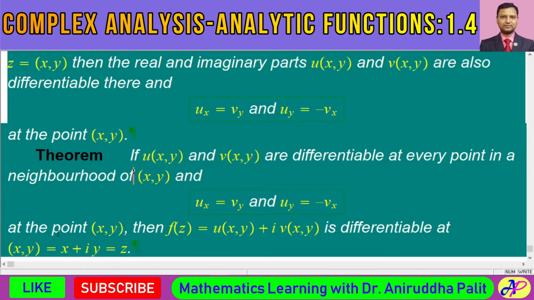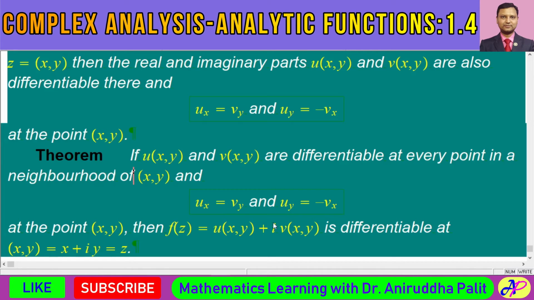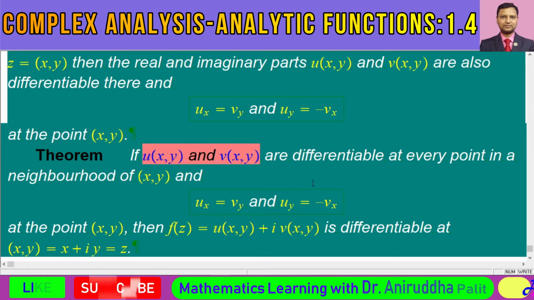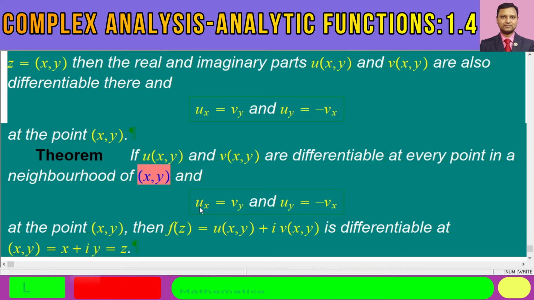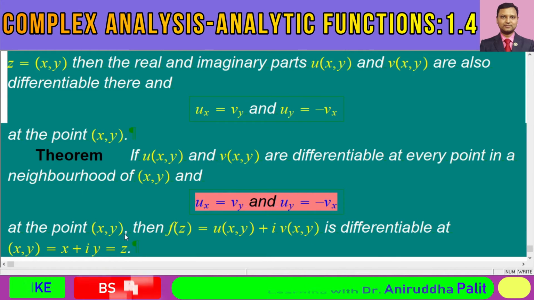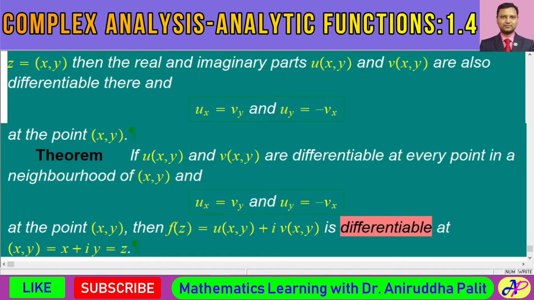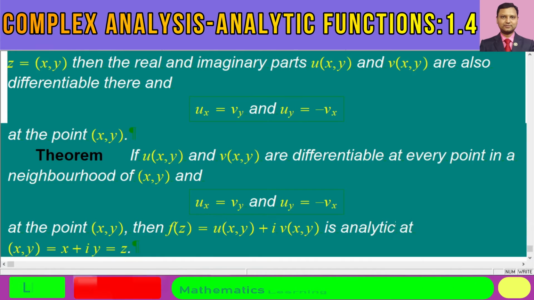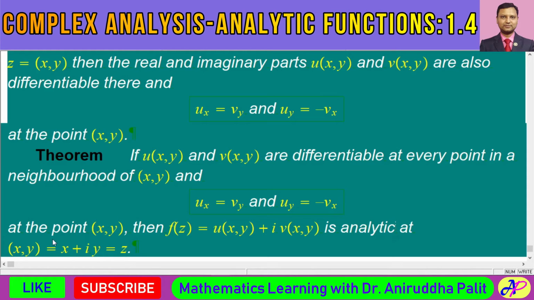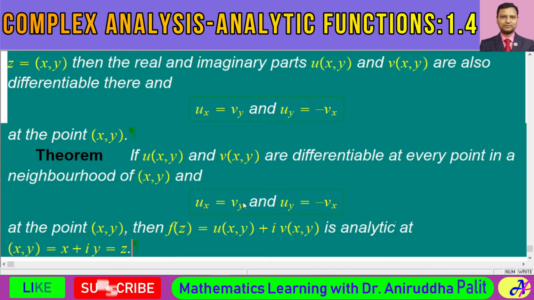At the point means we should consider a neighborhood of that point. So if u and v are differentiable at every point in the neighborhood of this point x comma y, and ux is equal to vy, uy is equal to minus vx at the point x comma y, then f of z is analytic at the point z is equal to x plus iy.